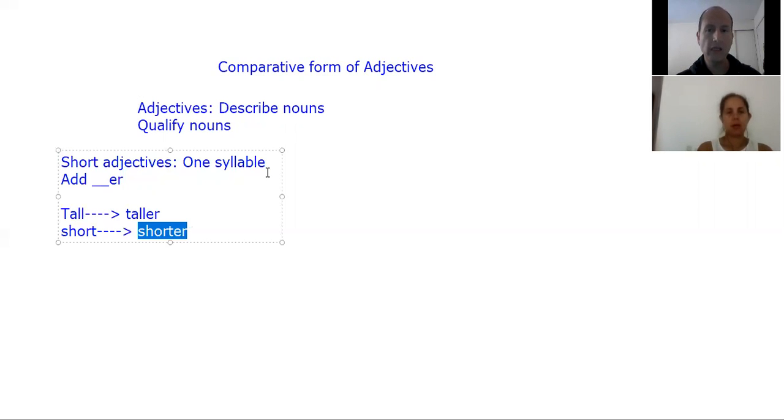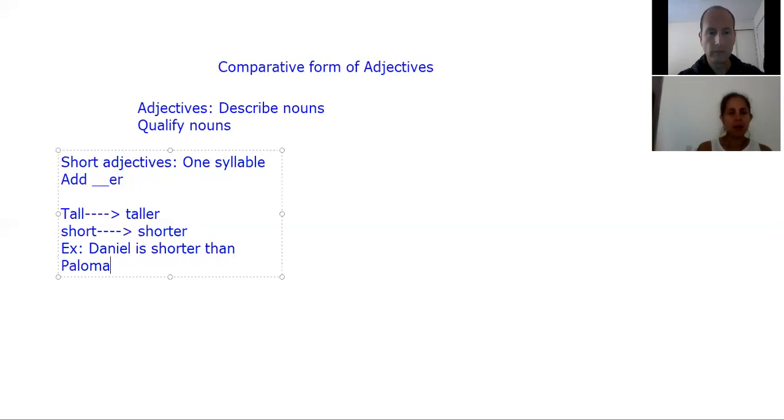For example, Daniel is shorter than Paloma. Okay, excellent, pretty good. I am going to write it down here: Daniel is shorter than Paloma.